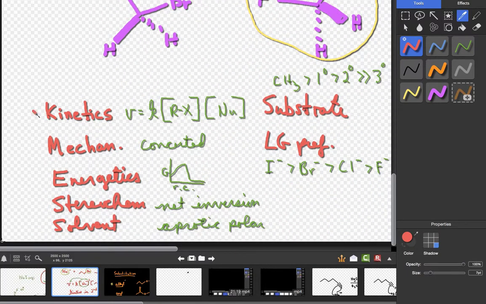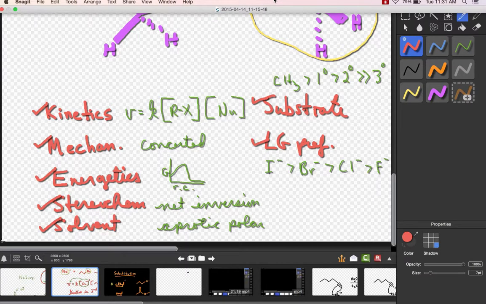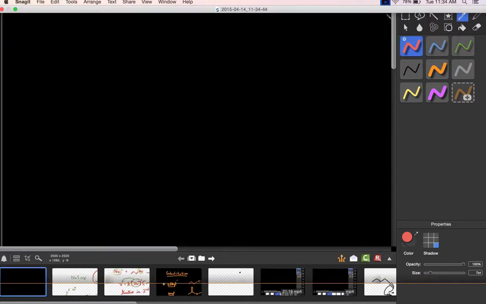So we've discussed kinetics, mechanism, energetics, stereochemistry, solvent, substrate, and leaving group preferences. So those are the essential aspects to the SN2 mechanism and all of the things that result from that mechanism. So let's look at a synthesis problem.